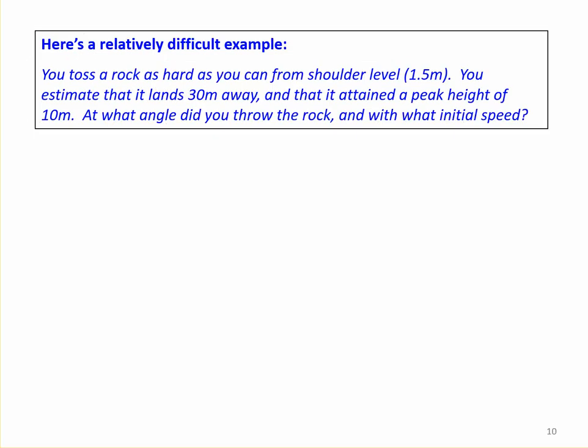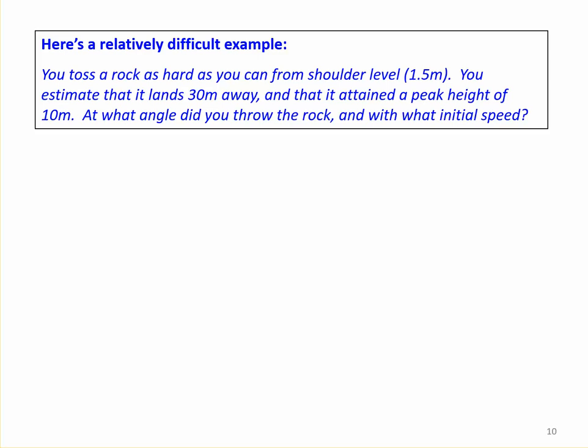Now we're going to work through another example. This example is actually a little bit difficult. We're still going to use the same methodology, but you just have to take care and use that methodology step by step. So here's the idea. You take a rock and you throw it from shoulder level as hard as you can.